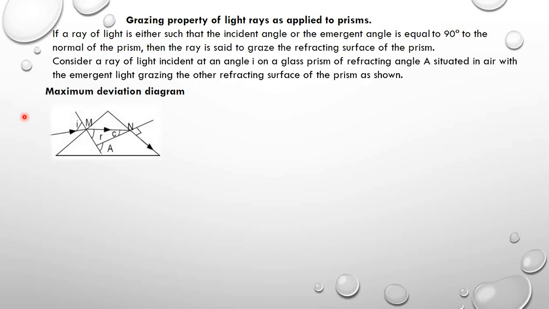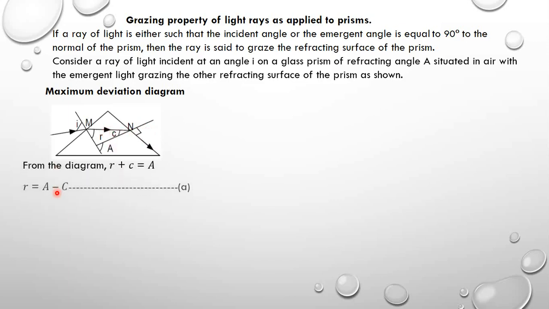Whereby the second surface is being grazed, and therefore this is going to be 90 degrees to the normal. So R plus C is going to be A, since this C is a critical angle. We have the angle of refraction being 90, so this is C. So we shall have R plus C is equal to A, and therefore R is going to be A minus C.